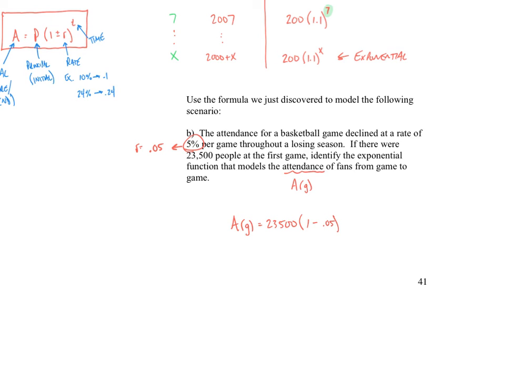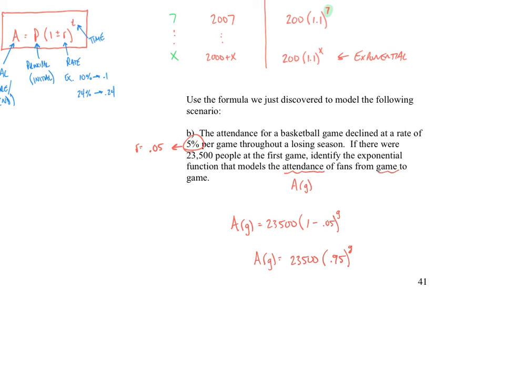And the exponent is however much time has passed, and we don't know how much time has passed, so we're going to call it G. To simplify this, I would say A of G equals 23,500 times 0.95 to the G power. And you don't have to use G. You could use X. You could use T, whatever the variable is. But we want to know about games, so just to make it interesting, I'll use G for games.